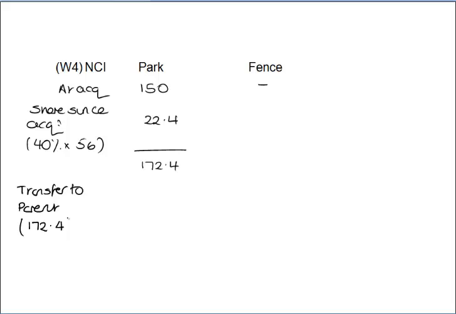The NCI did have 40%, but they now only have 20%. So can you see that the NCI have sold 20/40ths of their investment. So that works out as 86.2, which gives the NCI a remaining balance of 86.2.